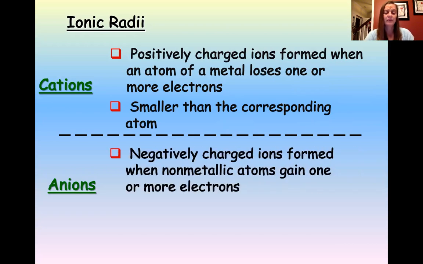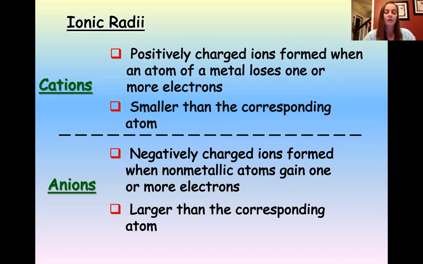Anions, on the other hand, are those negatively charged ions that are formed by gaining electrons. So now we're adding electrons, we're adding repulsion, but we're not adding any protons, so we're not adding any more attraction. And so anions are actually larger than their parent atoms. So there's definitely a difference here in ionic radii.